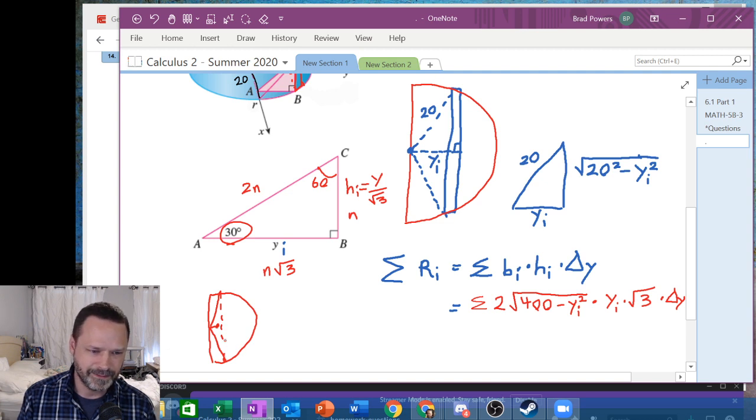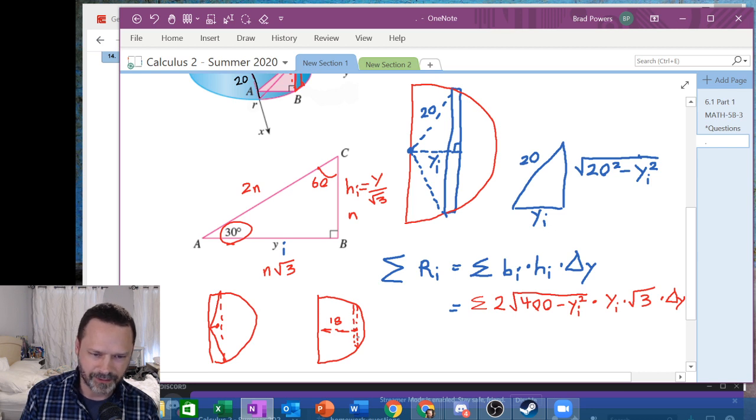And I could still find the length of this and the height. If I had a larger y, not 16, 20, something close to 20 for my y, so let's say it's like 18, well then now this would be the top. I'm getting a rectangle cross section right here. That's going to be a little shorter. So that y is changing. So the y is changing from 0 to 20.